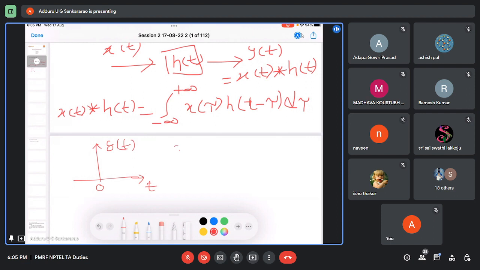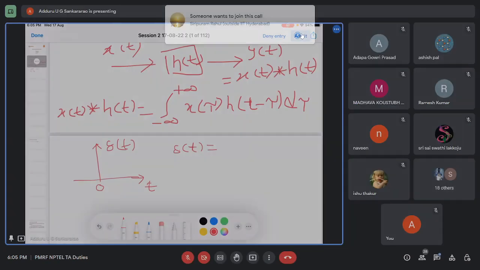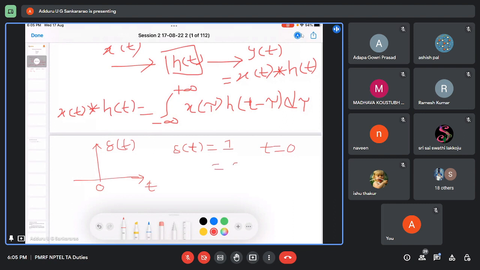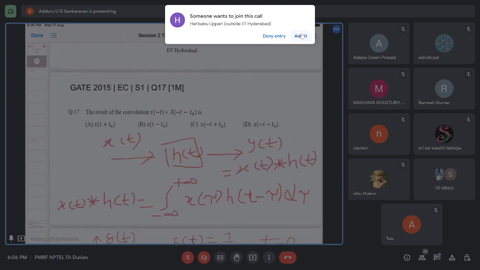That means del of t is equal to 1 when t equals 0, and 0 elsewhere. This is the impulse. In the conventional way we will try to solve this. Here it is asked: x of minus tau convolved with del of minus t plus t naught.